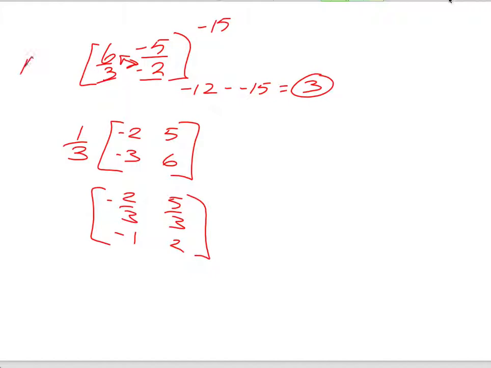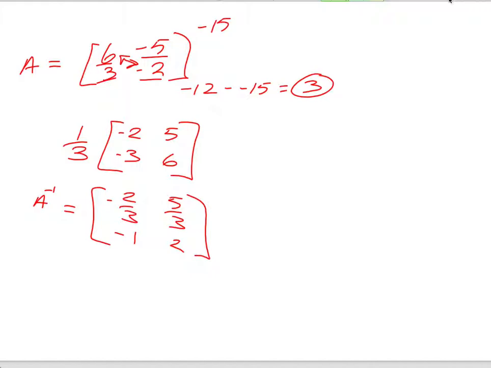If I'm going to call this first one A, what can I call this inverse that I found? A to the -1. So the first one's A, the second one is A to the -1. How can I verify that this is in fact the inverse of the matrix I started with? I can multiply.